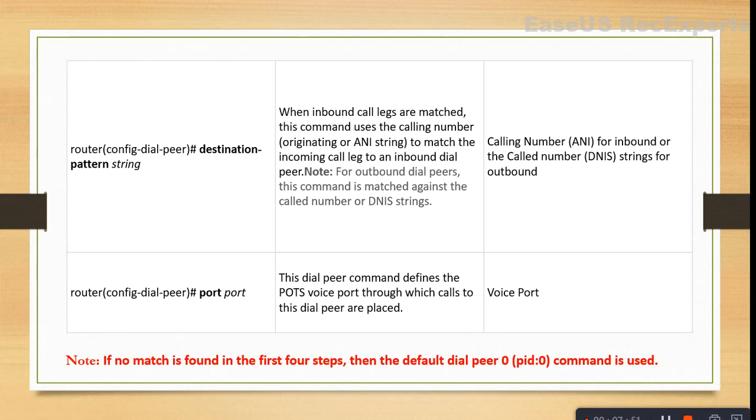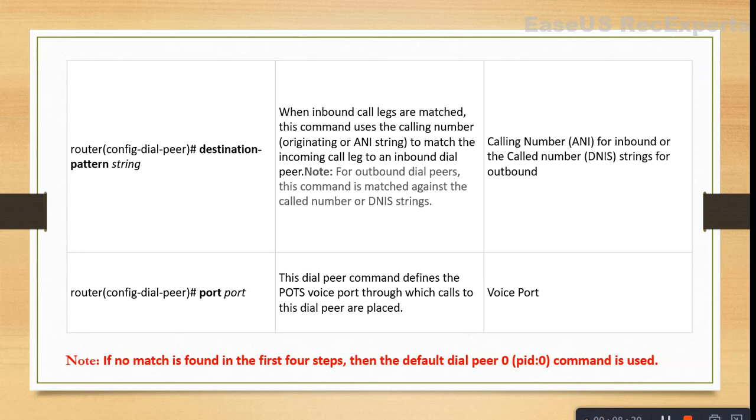So default dial pair 0 will be used, but the default dial pair 0 has some limitations, right? And those limitations cannot be changed. So the best way would be not to use default dial pair. Properly configure your router using VoIP and POTS for incoming and outgoing leg so that it matches any of the dial pairs for your calls configured in the voice gateway.